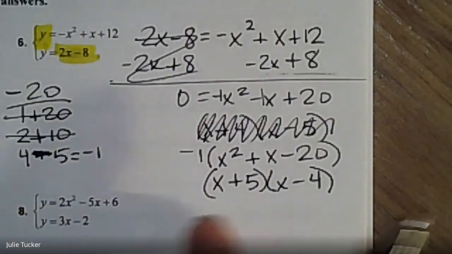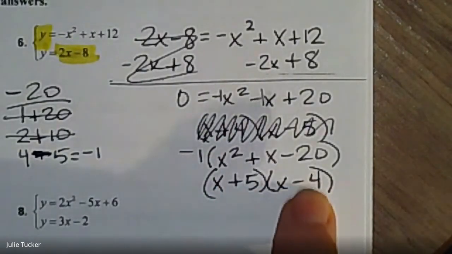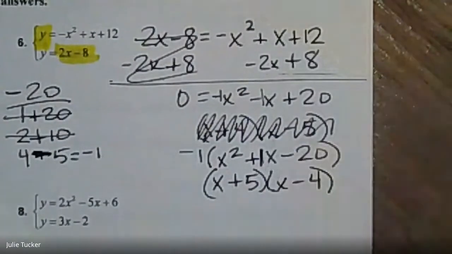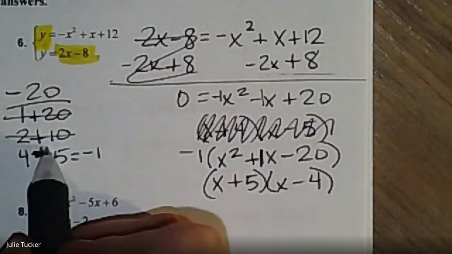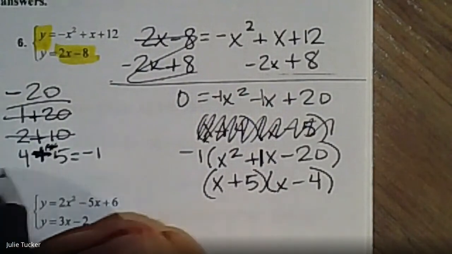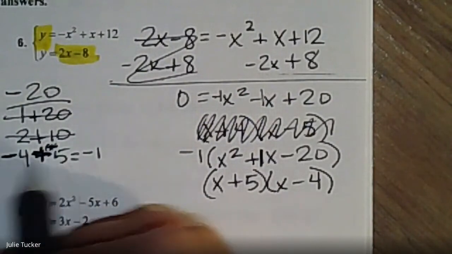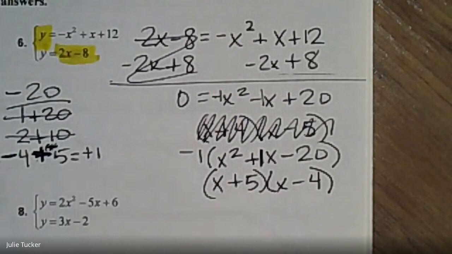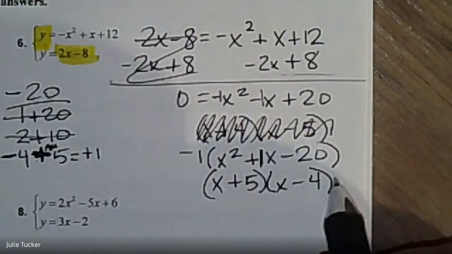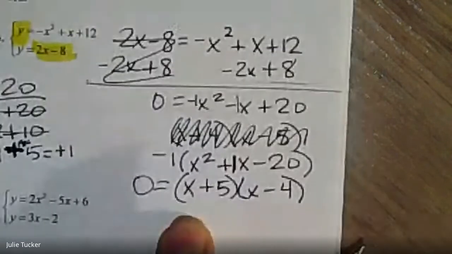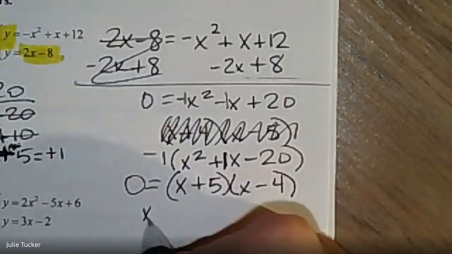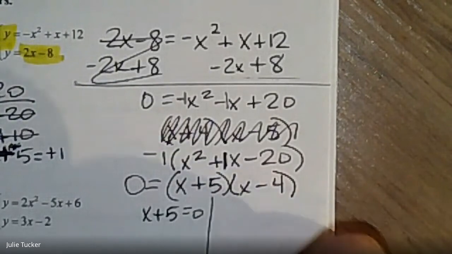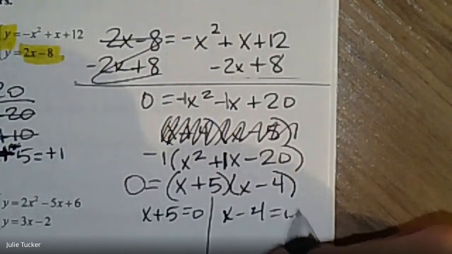Okay. And the reason it has to be plus 5 and minus 4 is because this is a positive 1, not a negative 1. So over here, this needed to be negative 4 plus 5, to go 5 minus 4, which is positive 1. Okay. So now we have x plus 5 times x minus 4 equals 0. So that means x plus 5 equals 0 and x minus 4 equals 0.